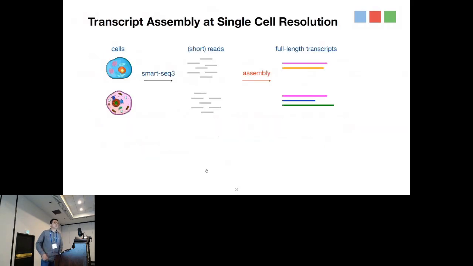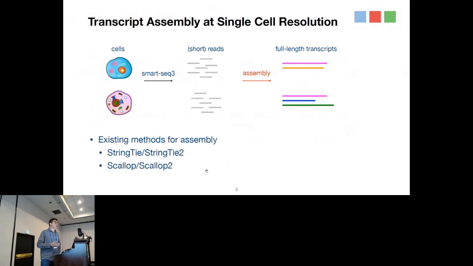The particular task we are interested in is transcript assembly. Specifically, the SmartSeq3 protocol can produce sequencing reads for individual cells, and then we want to develop an assembly algorithm that can reconstruct the full-length expressed transcripts for individual cells. Transcript assembly is a problem that has been well studied, and there are many methods developed, for example, StringTie series, Scallop series.